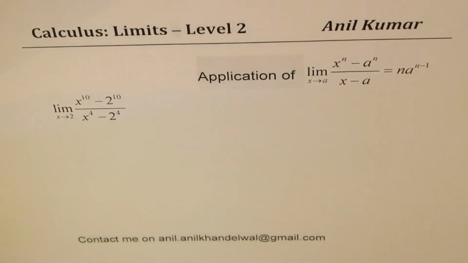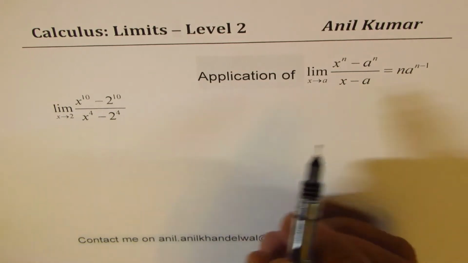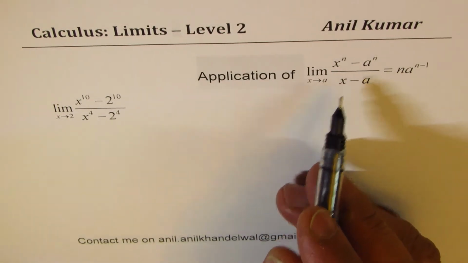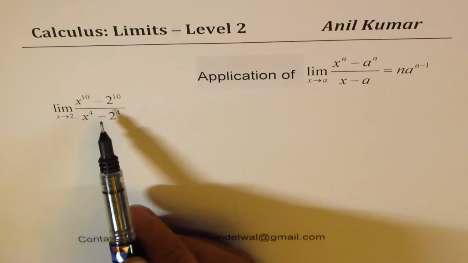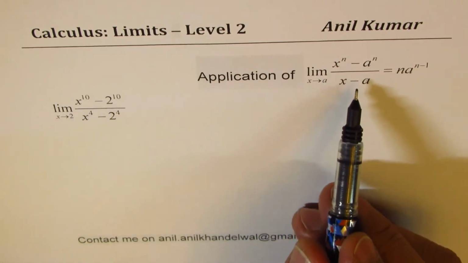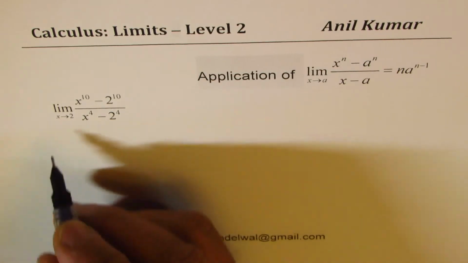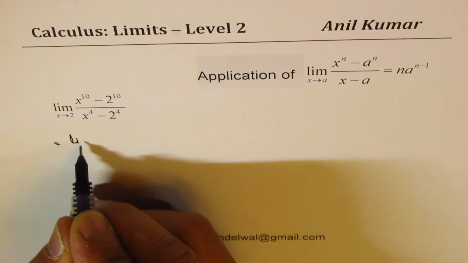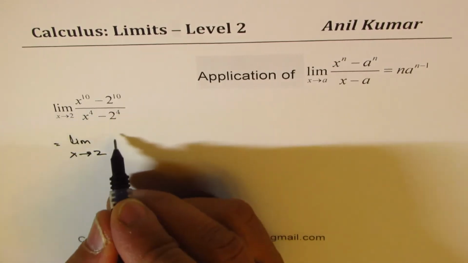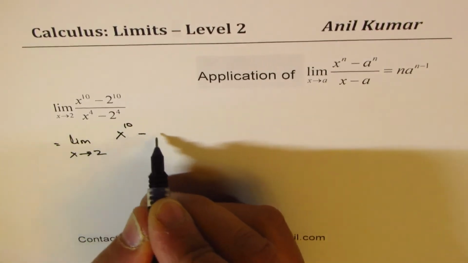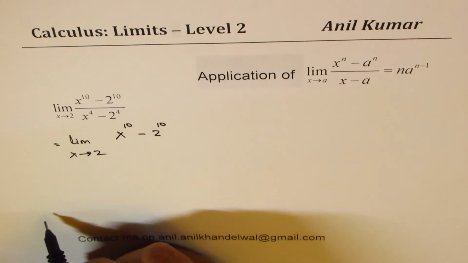Now, here is the second one where we are going to again apply the same formula, find the limits. Now this, if you factor, may take longer. So we'll straight away do application of this formula. So what we have here is the limit as x approaches 2. In the numerator, we have x to the power of 10 minus 2 to the power of 10.